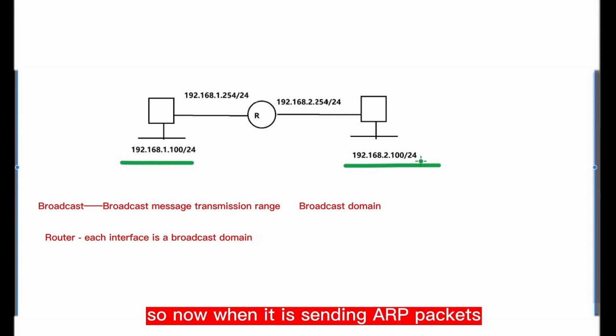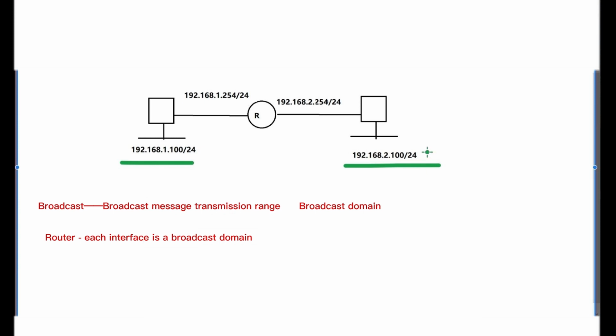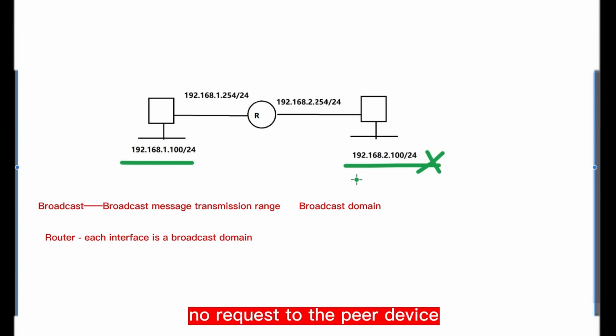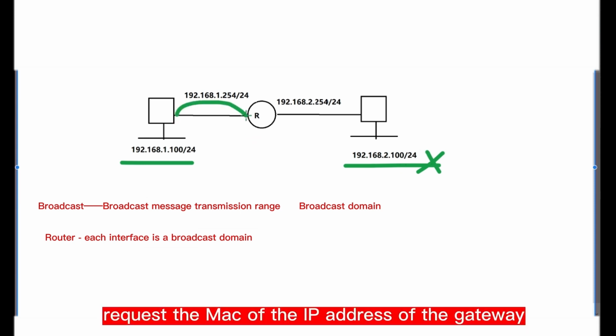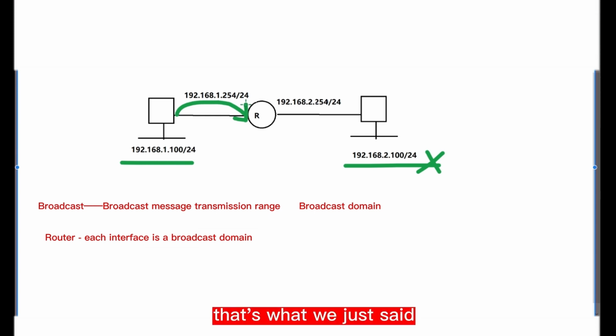So now when it is sending ARP packets, it does not request the peer device. Instead, it requests the MAC of the IP address of the gateway. That's what we just said. The target IP in the message will become 1.254. Target MAC is the MAC that requests the interface of the gateway.